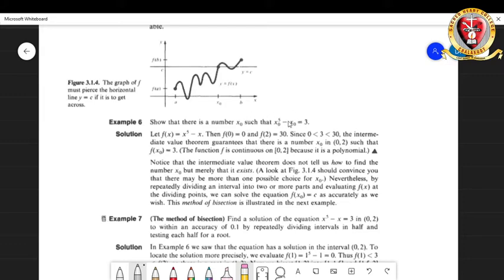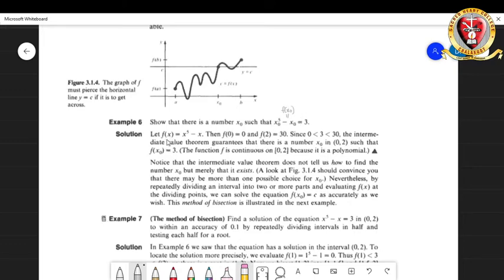So for that, you have x naught raised to 5 minus x naught on the LHS. Treat it as a function, as f of x naught. Because the LHS is f of x naught, we have to define it like this.